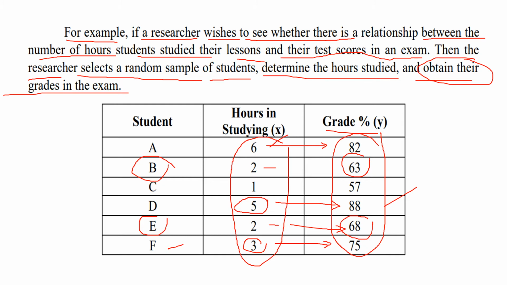increase. But there are times, from this scenario, that we select a random sample of students that we subject for our research, and we want to look for a significant relationship between the hours of studying and the grade of our students.